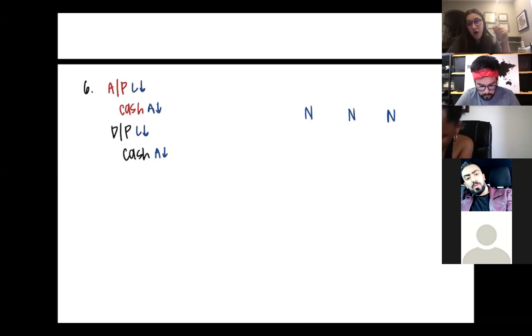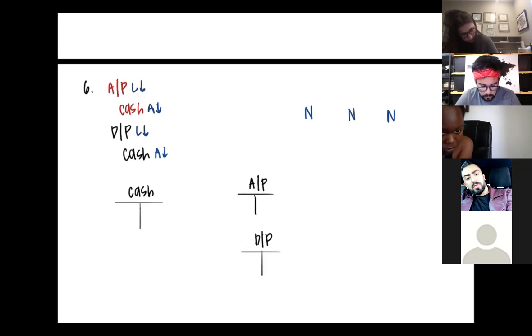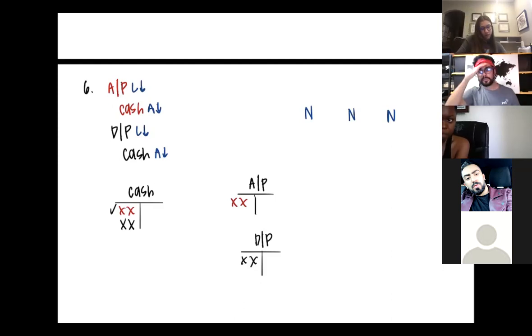Liabilities were decreased, just in the wrong account, and nothing happened to net income. Everyone good on this one? Okay.